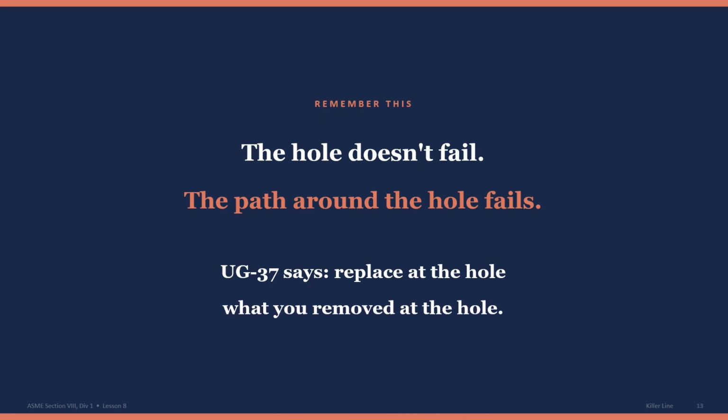Not near the hole, not somewhere handy on the vessel, at the hole, in the zone where the load has to detour. That's the entire discipline of UG-37 in one philosophy statement.